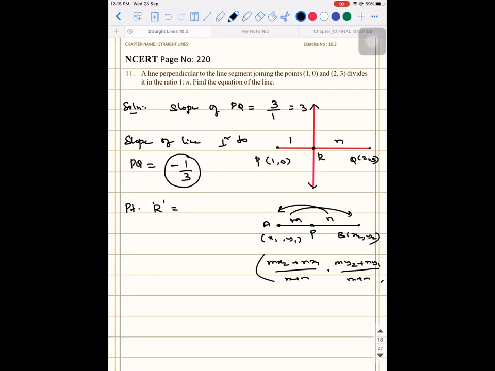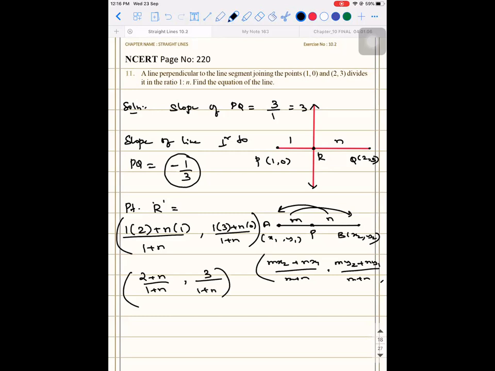So tell me what is the point R then? 1 into 2 plus n into 1 divided by 1 plus n, comma 1 into 3 plus n into 0 divided by 1 plus n. So that will be 2 plus n by 1 plus n, comma 3 divided by 1 plus n. Got it? Yes, sir.